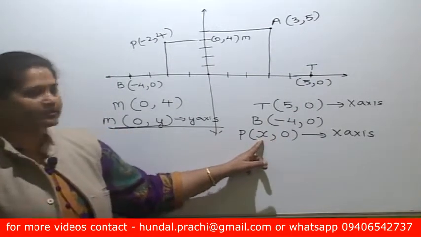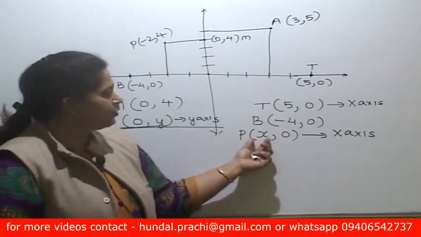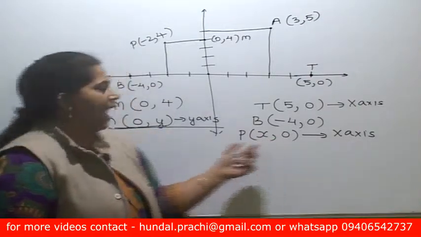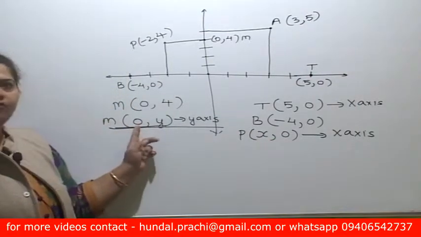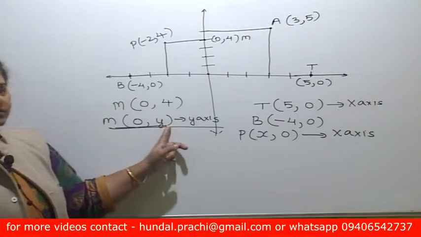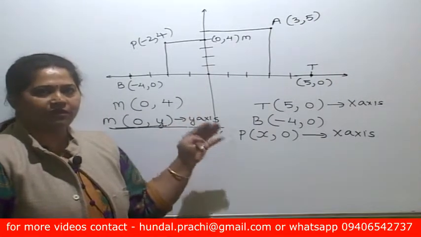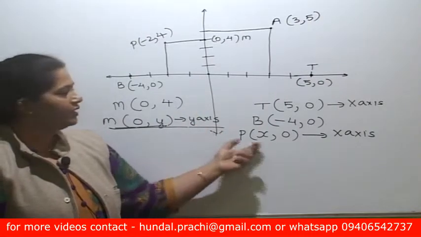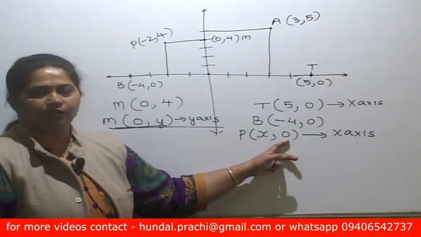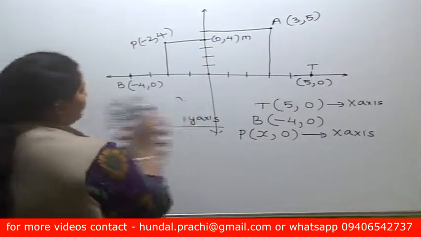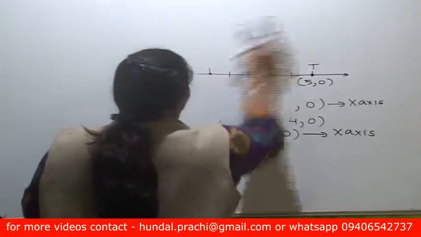Suppose the x-coordinate is given and the y-coordinate is 0, then this point will lie on the x-axis only, and if the coordinates of the point are of the form 0, y, that is the y-coordinate is given, then this point will lie on the y-axis only. The coordinate which is given, the point will lie on that axis only, the other coordinate will be 0. Okay.